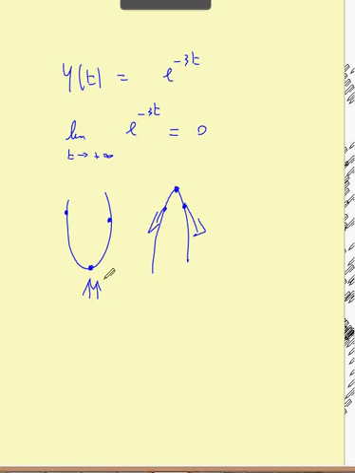Now if we consider this differential equation, it's easy to understand that y equal to 0 is the equilibrium solution. Because y dot of t will be equal to 0 if and only if y of t is equal to 0. If y is equal to 0, also y dot is equal to 0.